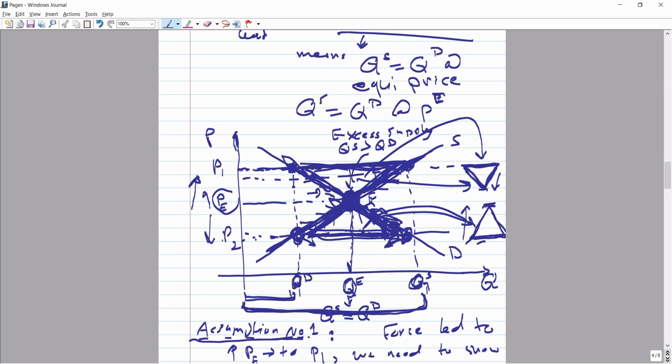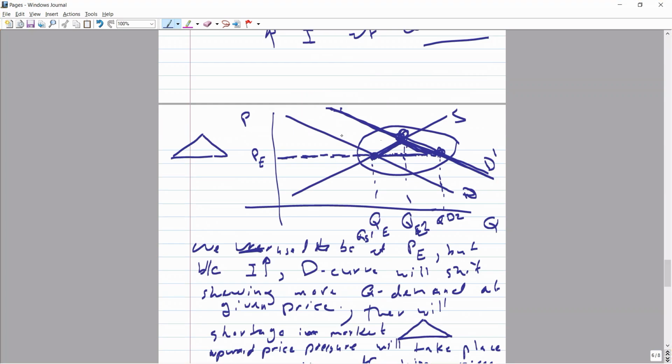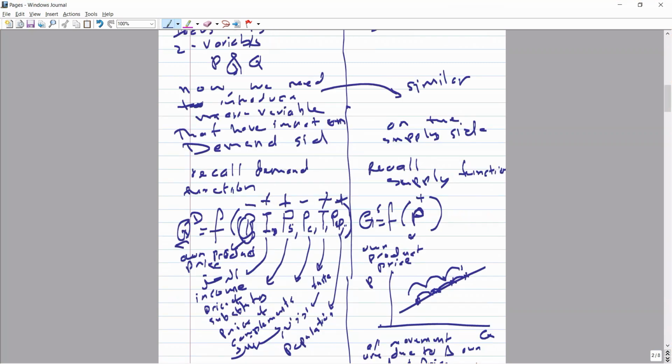So this was our analysis in the class. Imagine that we change one of the factors, like I, which means income, on the demand side, as one of the other variables having an impact on quantity demanded.